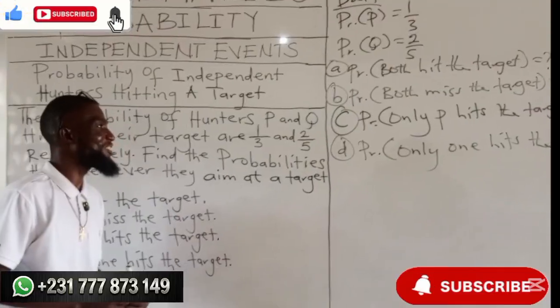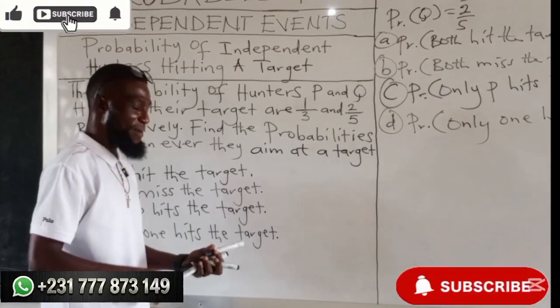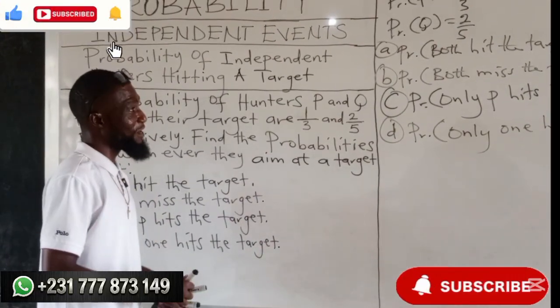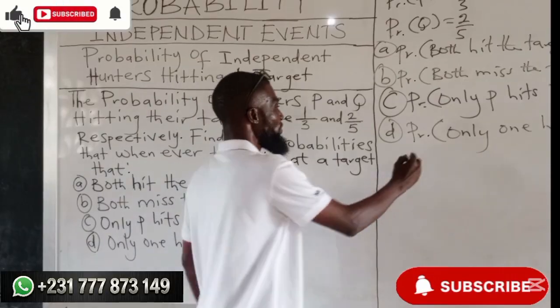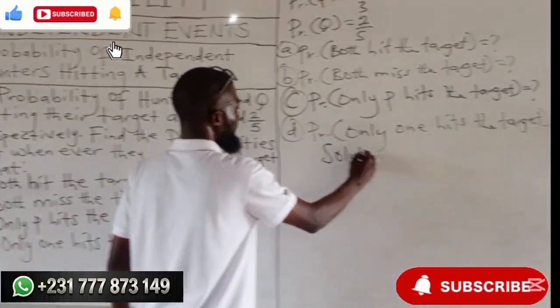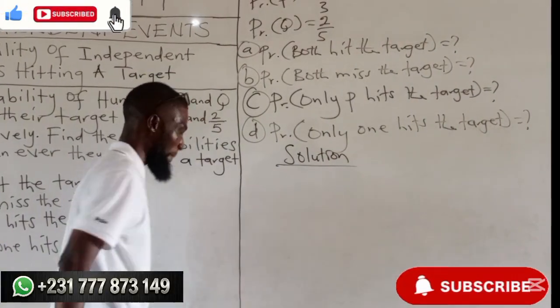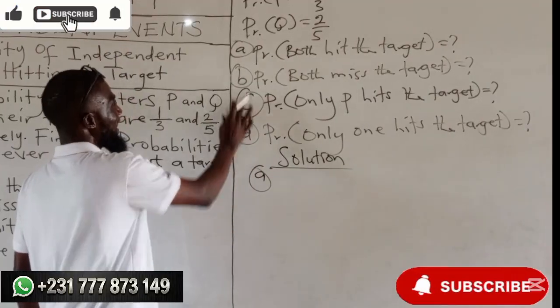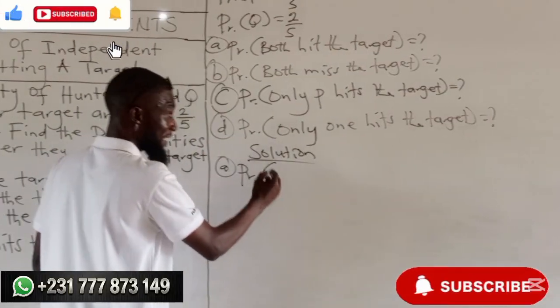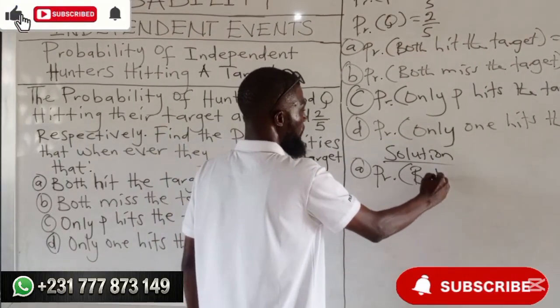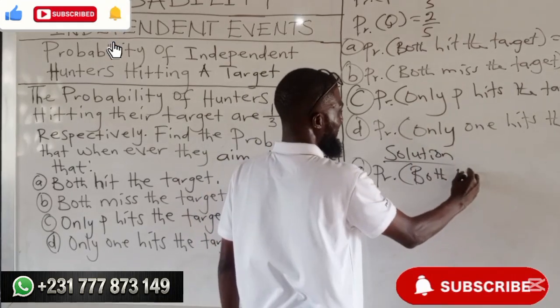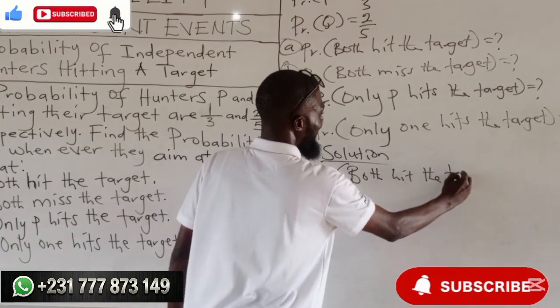On this note, ladies and gentlemen, we'll be looking at our problem to solve. Based on our problem today, we say solution. A, the probability that both hit their target.